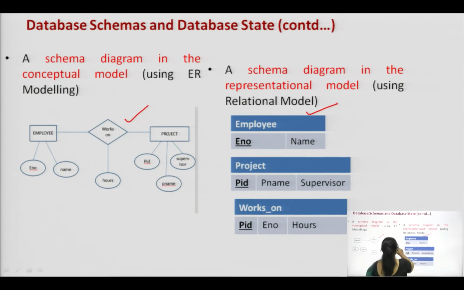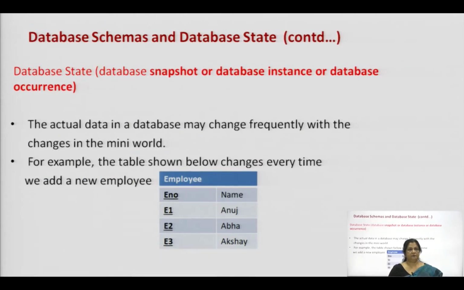Here we see that in the conceptual model, we have drawn an ER diagram which is telling us that we have the employee, we have the relationship, we have the project, and so on. Similarly, the same thing has been converted or transformed into a relational model in the form of tables. So, this is the schema diagram in the relational model and in the conceptual model.